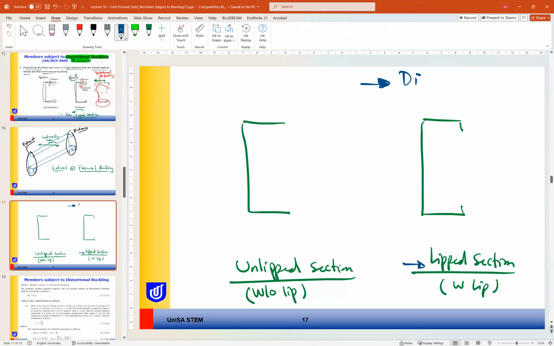So distortional buckling is likely to occur for this section.